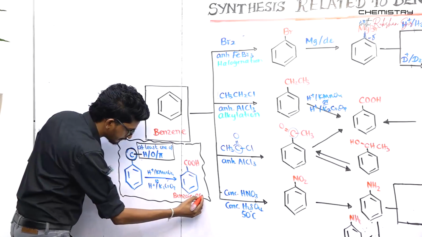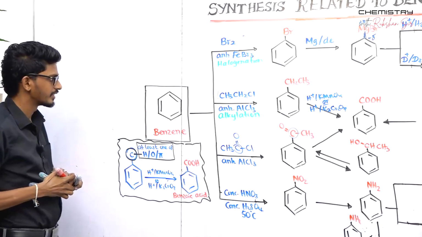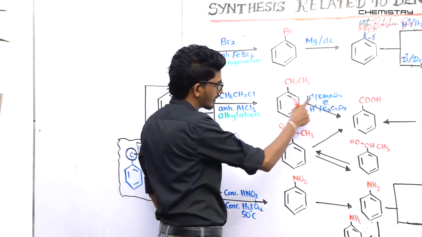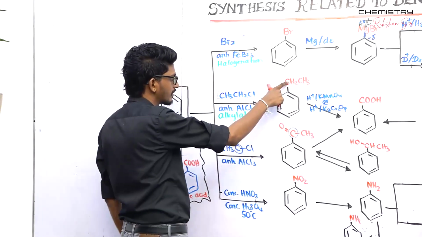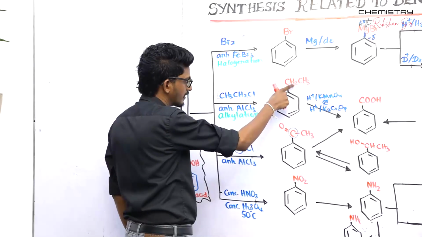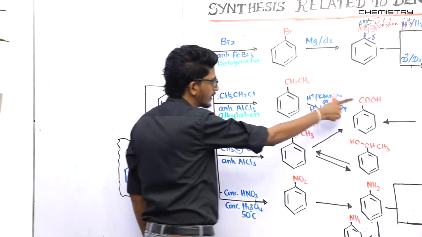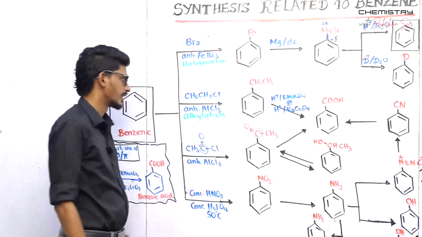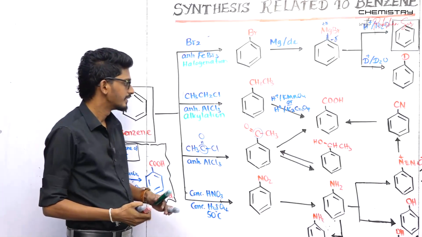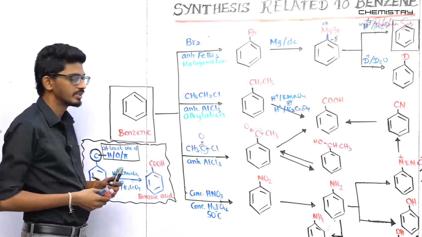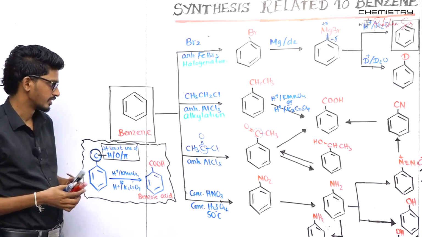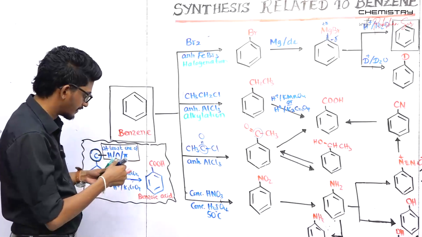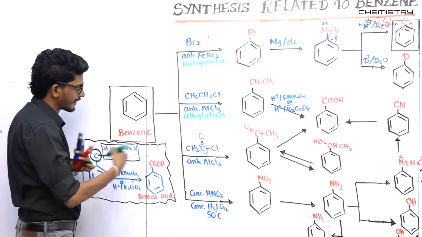That is the reaction occurring here. This carbon is in such a situation, some hydrogen is there, so it will convert to benzoic acid. Okay, let's discuss the third pathway available with the benzene ring. What is that? It is referred to as the acylation.